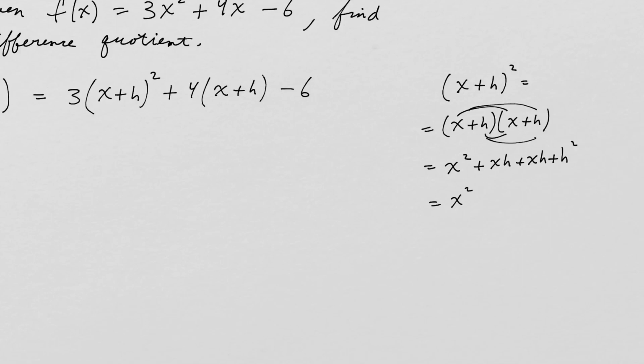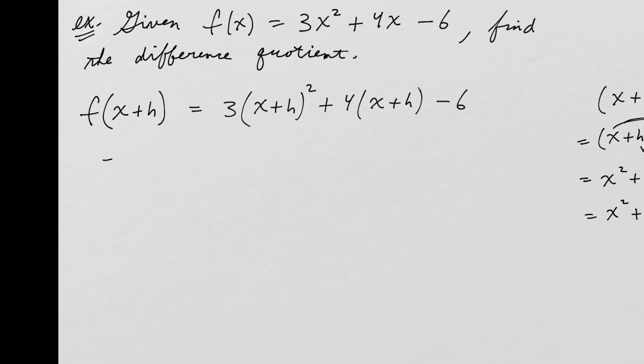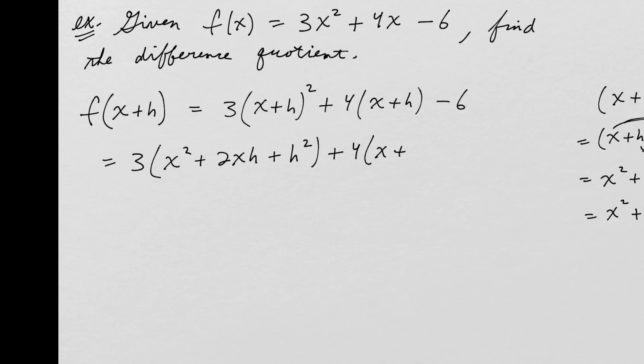Then I can combine like terms: xh plus xh is 2xh, plus h squared. So then this becomes 3 times x squared plus 2xh plus h squared. It's a little bit of work, but this is great practice. It's an algebra class, so we're going to do a bunch of algebra.